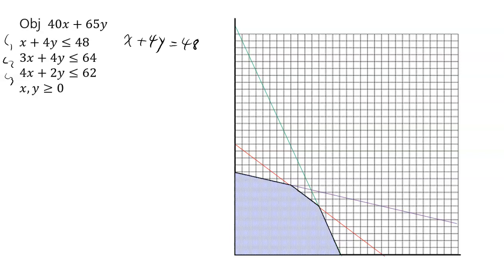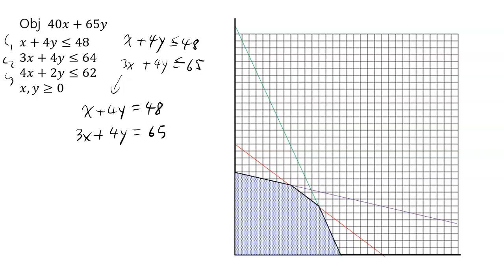And then this one I increased by 1. And then I changed that into a system of equations. x plus 4y equals 48. 3x plus 4y equals 65.